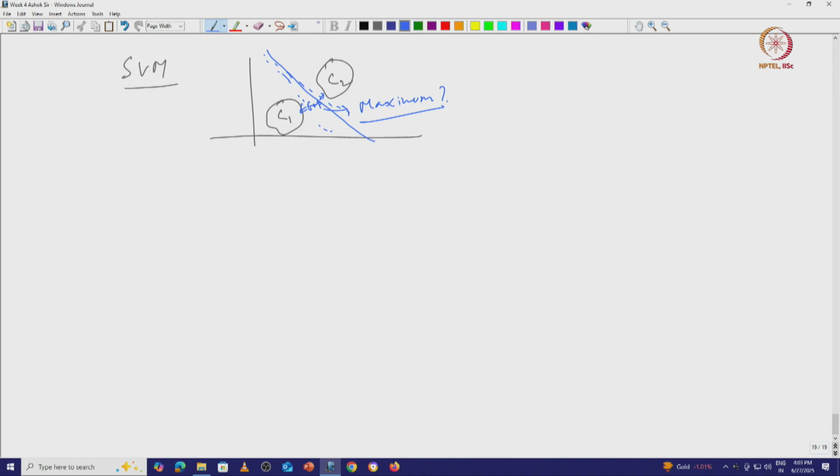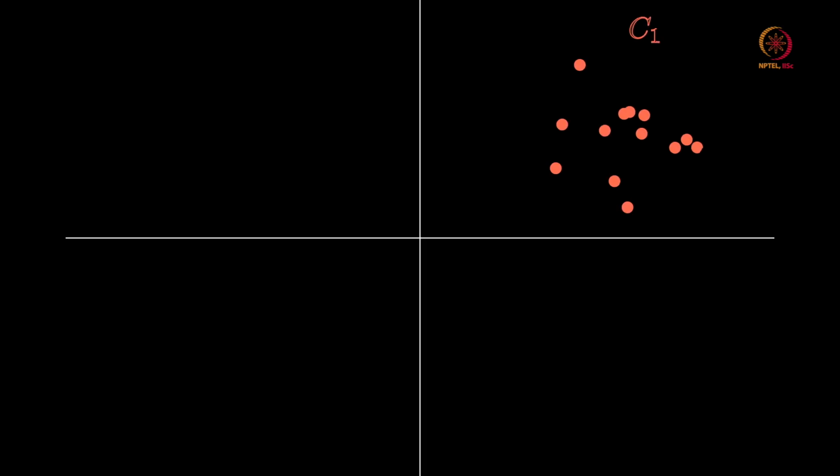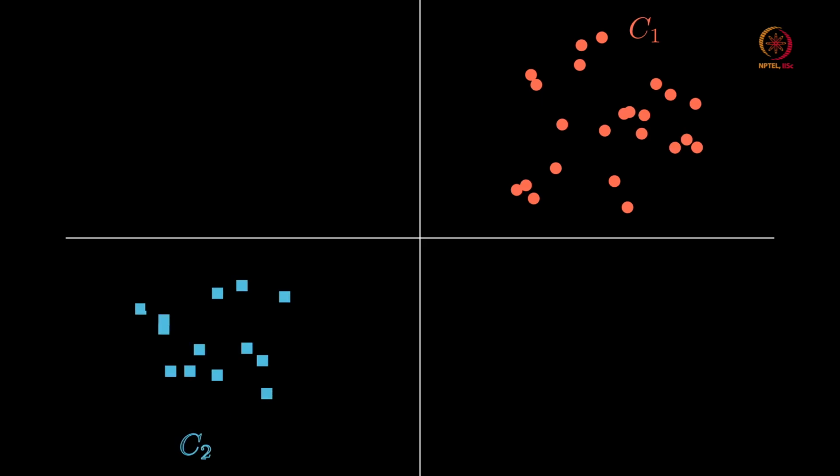So how do I find this? You have multiple solutions, all these do the job. The idea of support vector is as follows. You have data of class 1, let us say, and data of class 2.